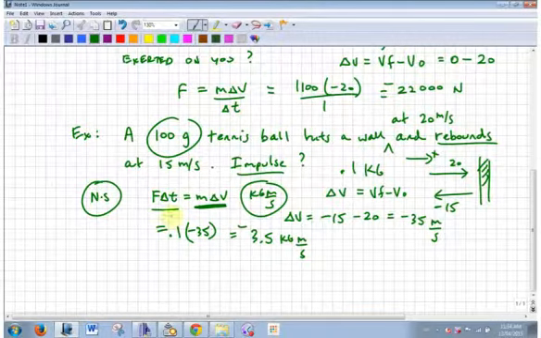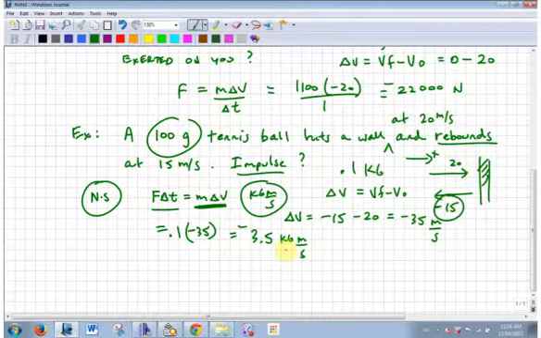Okay? So, if it didn't rebound, if it just hit the wall and stuck, if it was plasticine and not a tennis ball, that puts it in things we know, common sense. Is it more or less impulse? Less, yeah. Okay, it's less, because the final would be 0, right?